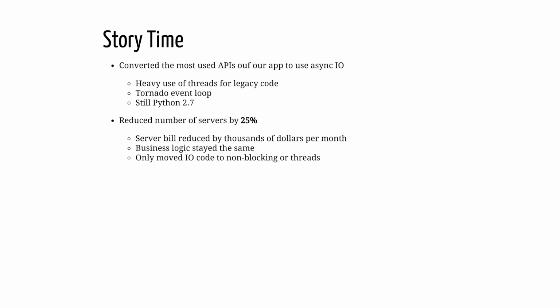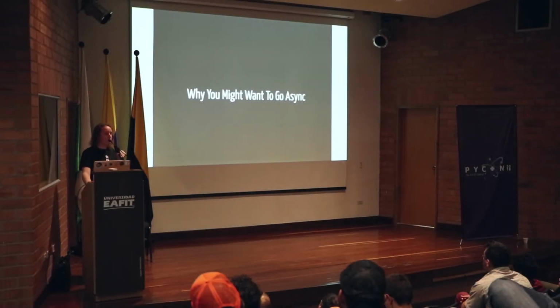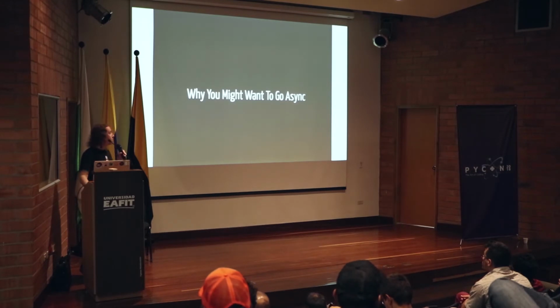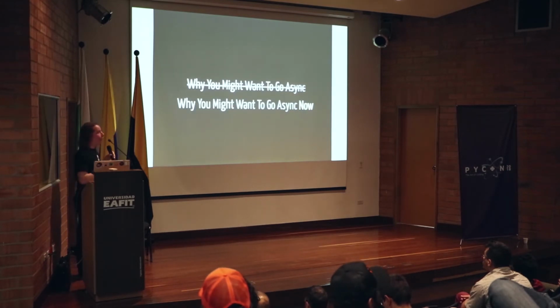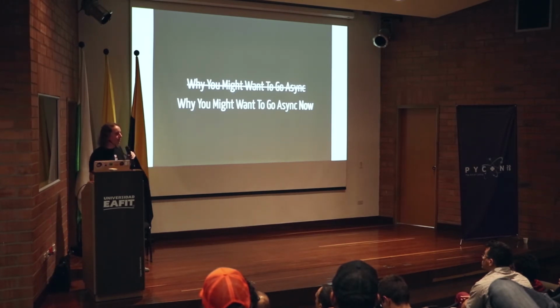And so I hope that by now you get a feeling of why async might be a great idea. And so, again, maybe a better title for this talk would have been why you might want to go async now. Because asynchronous networking has been around forever.